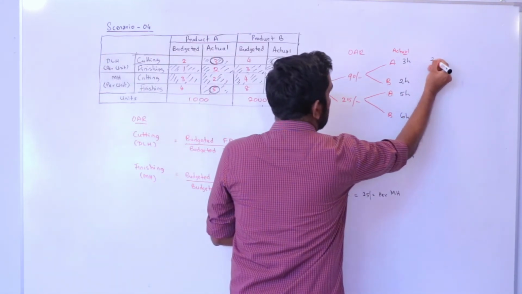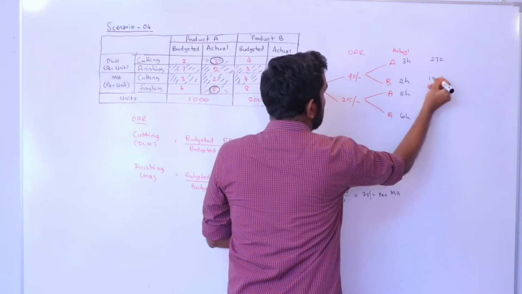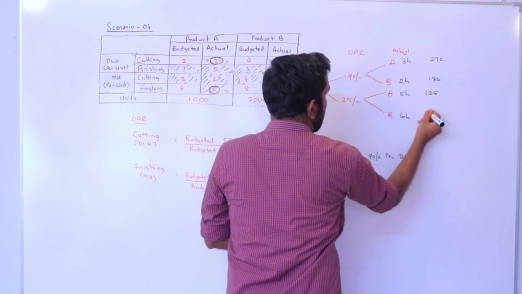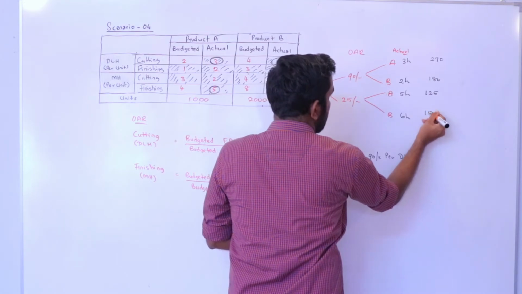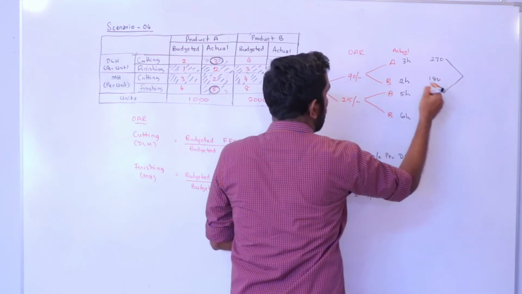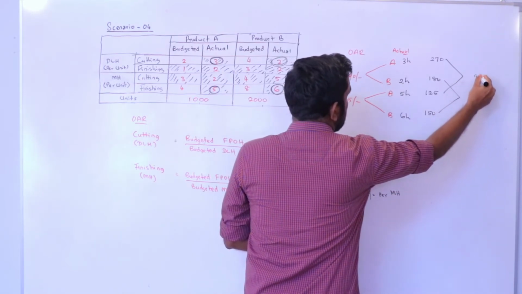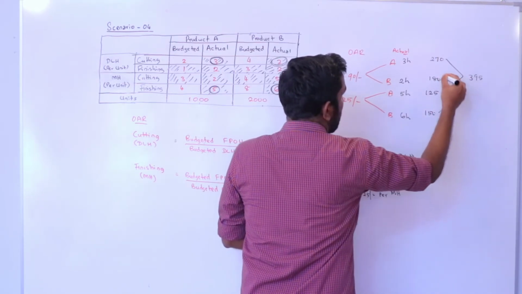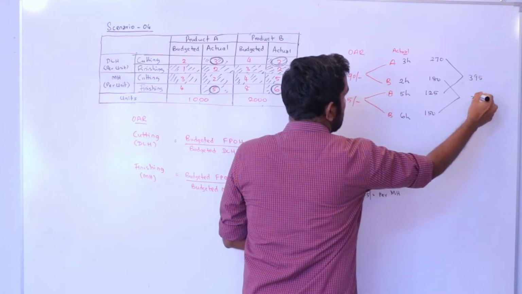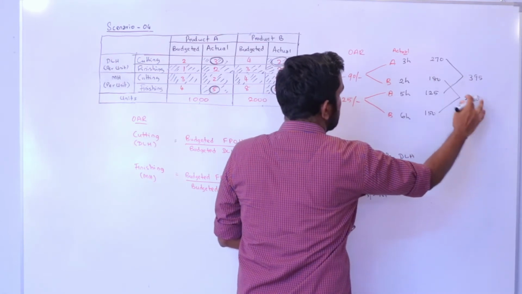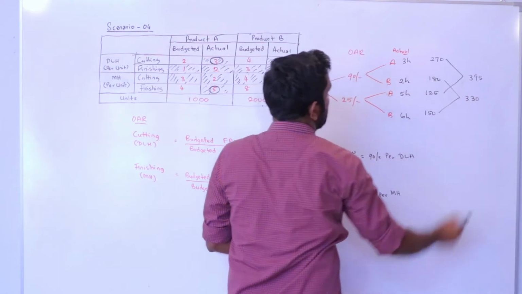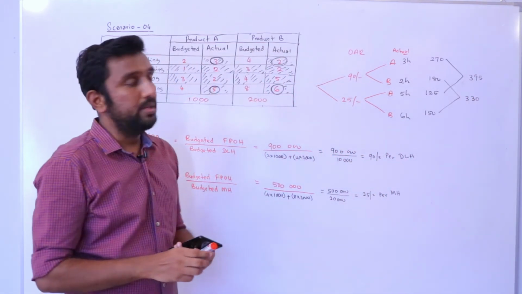So this is 270, this is 180, 125 and 150. And you know these are for A and these are for B. So 395 for A, 330 I think, for B.